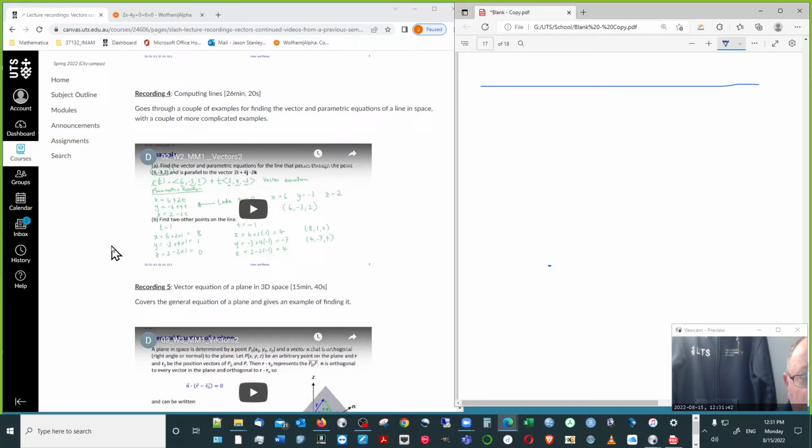So the point is (6, 3, 2). The parallel vector is 2i plus 4k minus j minus 2k, or in component form.